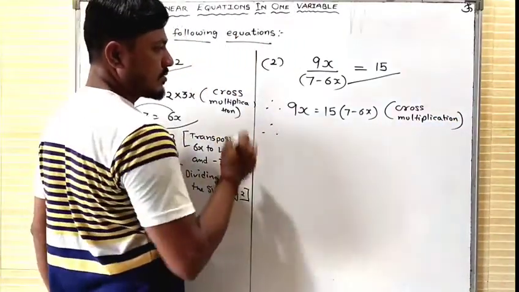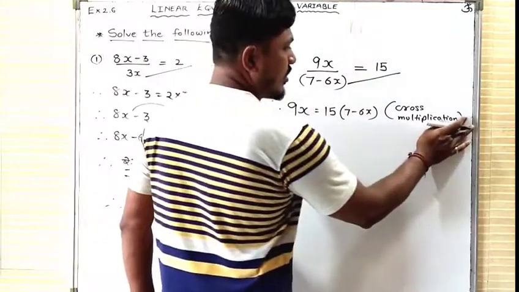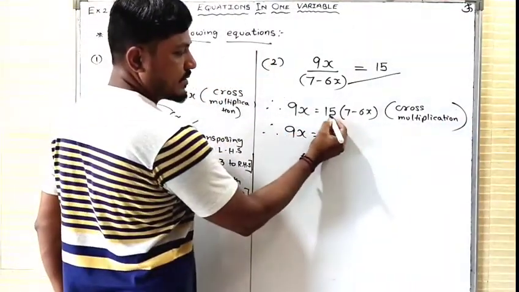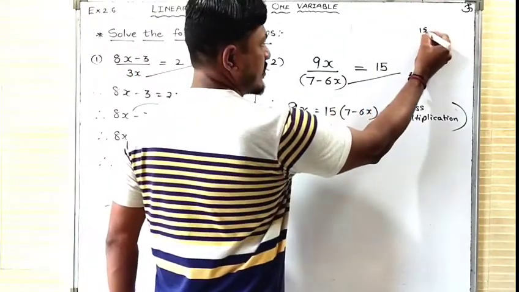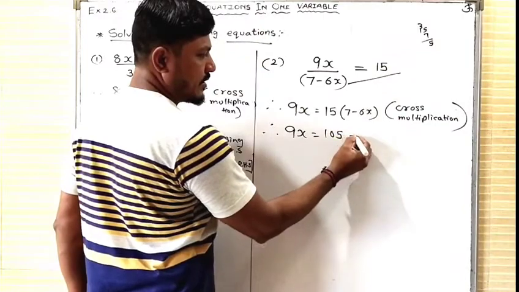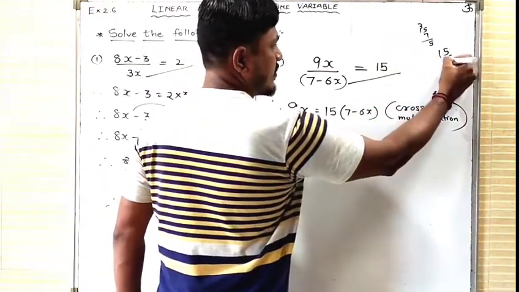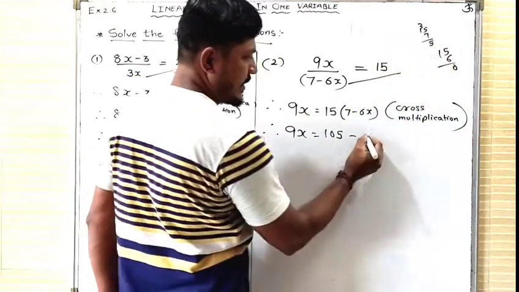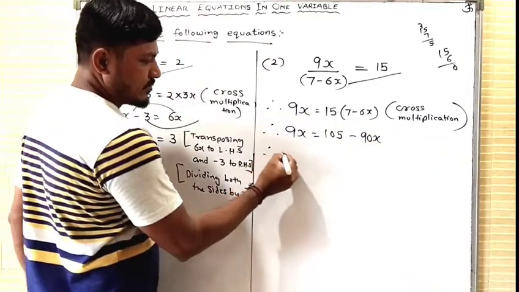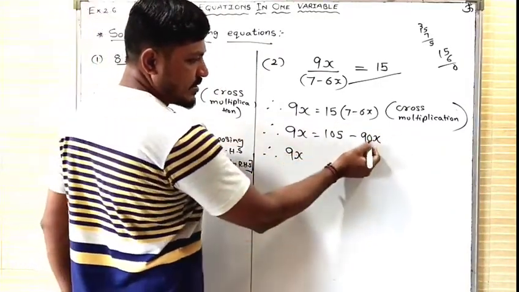Then as it is, multiply if it is possible. 15 7s are, 7 5s are 35, 3 carry 105, and 15 6s are, 6 5s are 30, 3 carry, that is 90x.